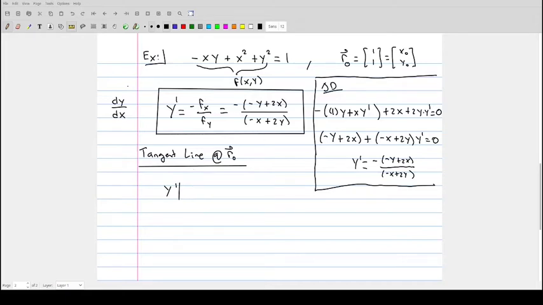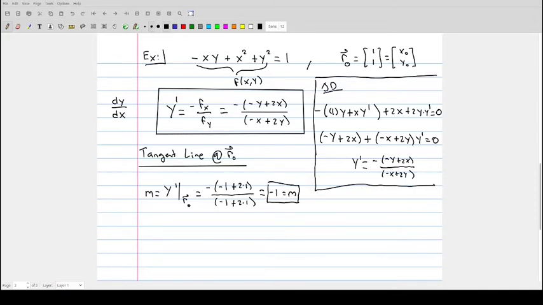The first thing that we need for the tangent line is the slope of the tangent line at the point, or y prime at the point r naught. This is going to be equal to negative 1 plus 2 times 1 over negative 1 plus 2 times 1, which is just equal to negative 1.